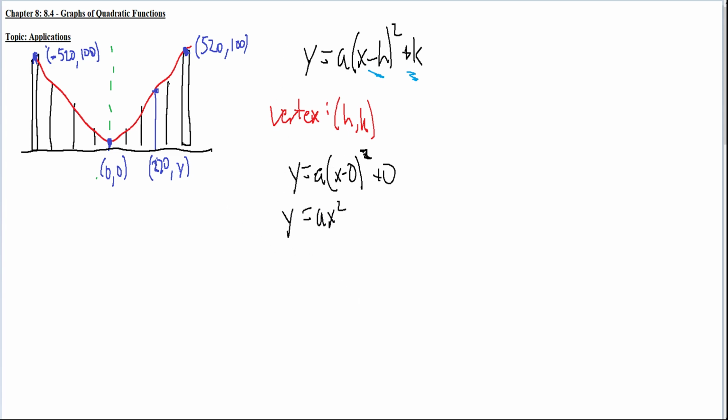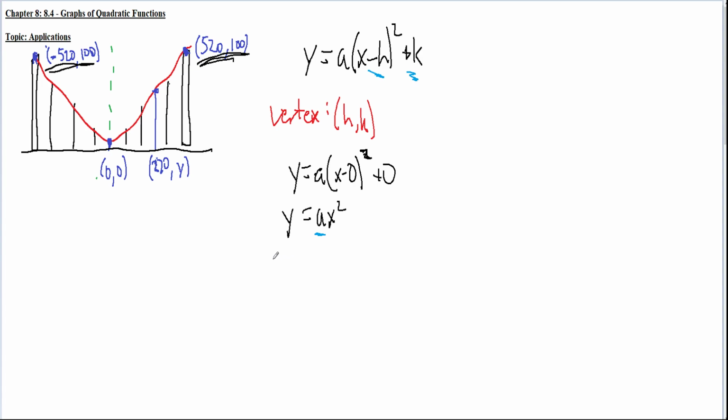And from here, we also need to find out what our a value is. So how we go about doing that is we take one of either of these points over here and plug it into our equation. I'm going to stick with the positive value, but it really doesn't matter which one you use.